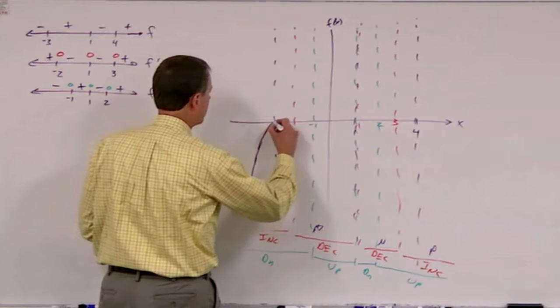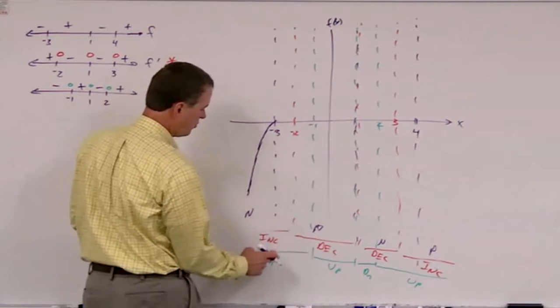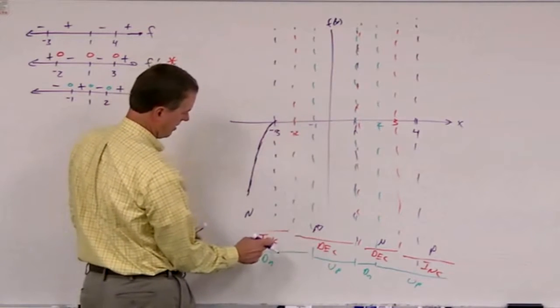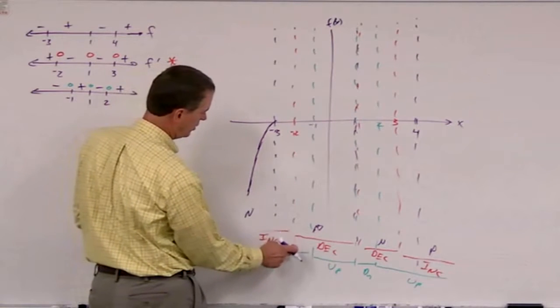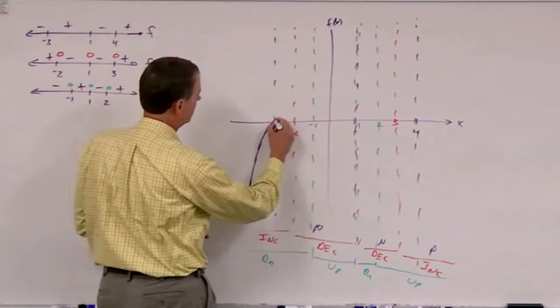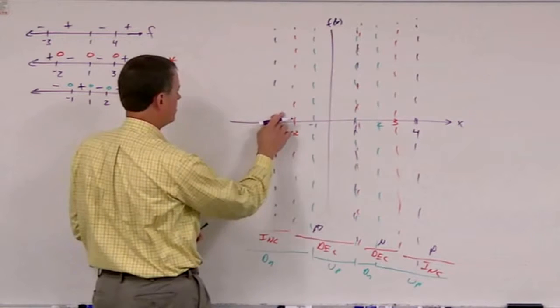Negative, increasing, concave down, cross the axis. At -2, we get a 0 slope, but we start decreasing, concave down. I have to stay positive.